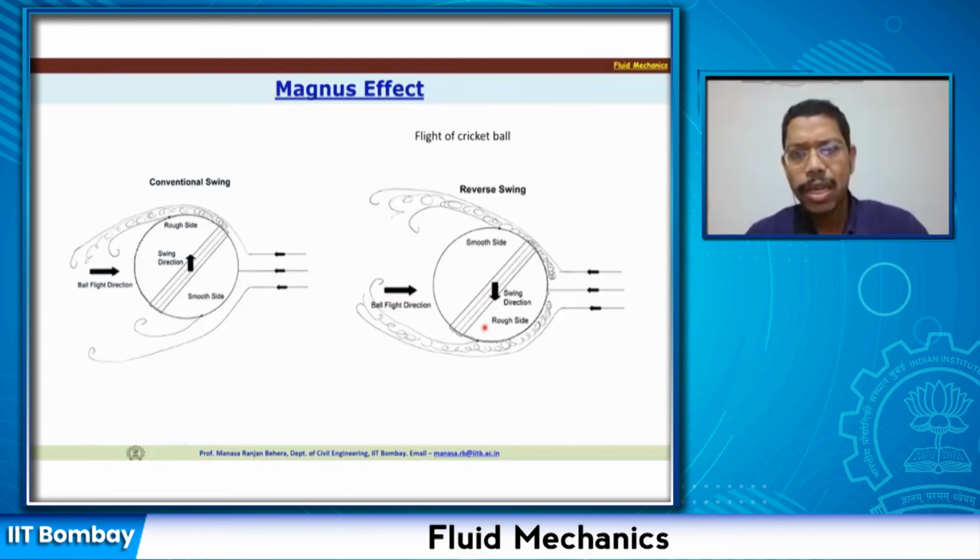And similarly on this side also, more or less somewhere around that location, it will be separated. So there will be some difference, but it is going to create a reverse swing for the batsman. Or the bowler is going to generate a reverse swing of this.